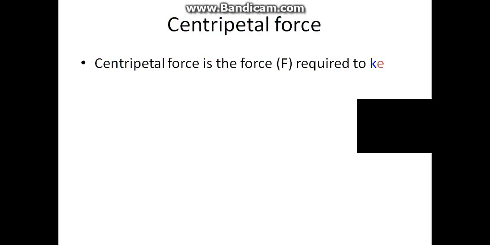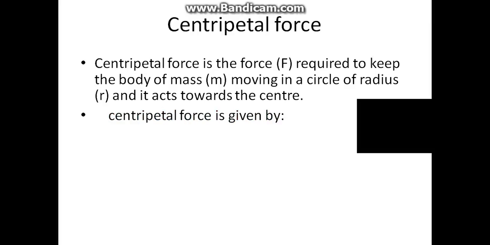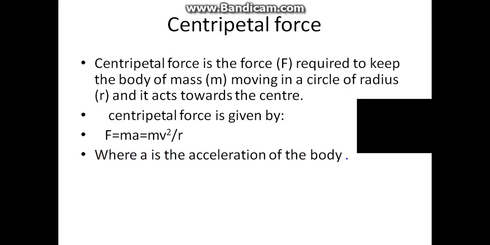Centripetal force. Centripetal force is the force F required to keep a body of mass m moving in a circle of radius r, directed towards the center. Centripetal force is given by F equals ma, which is equal to mv squared over r, where a is the acceleration of the body. Thus, centripetal acceleration a is equal to v squared over r.